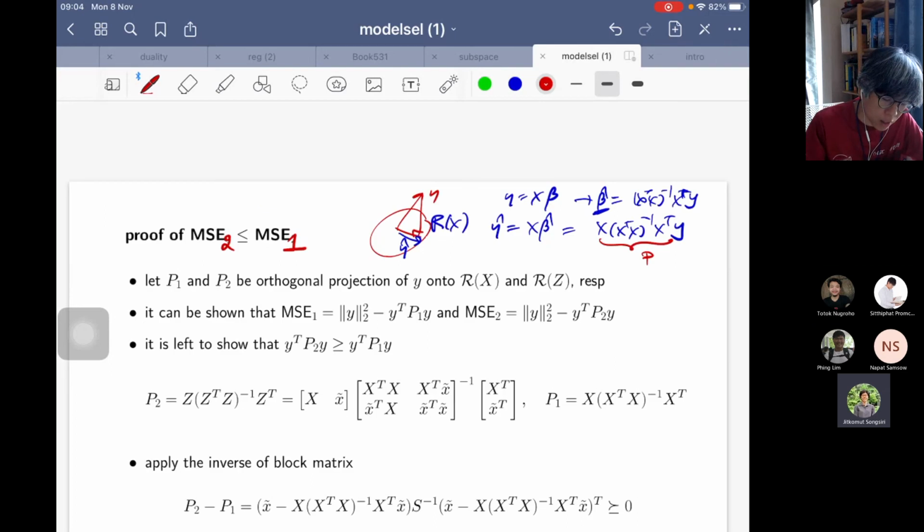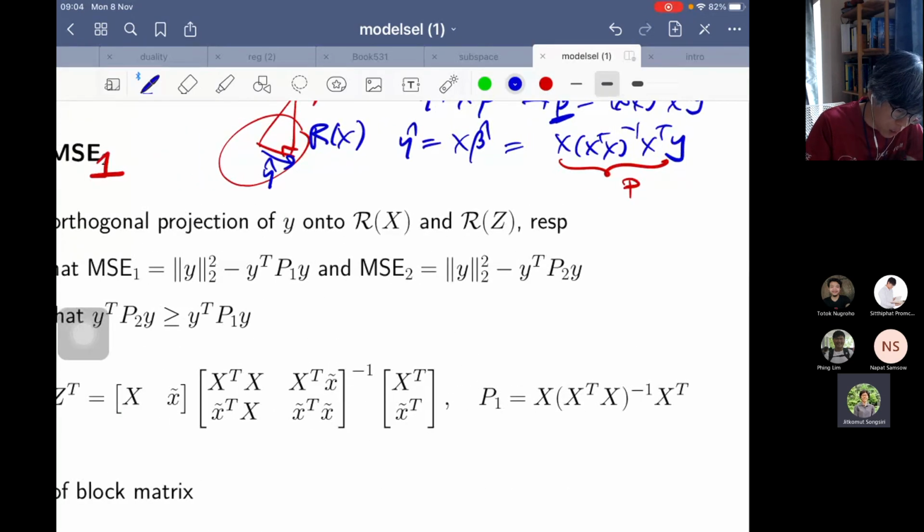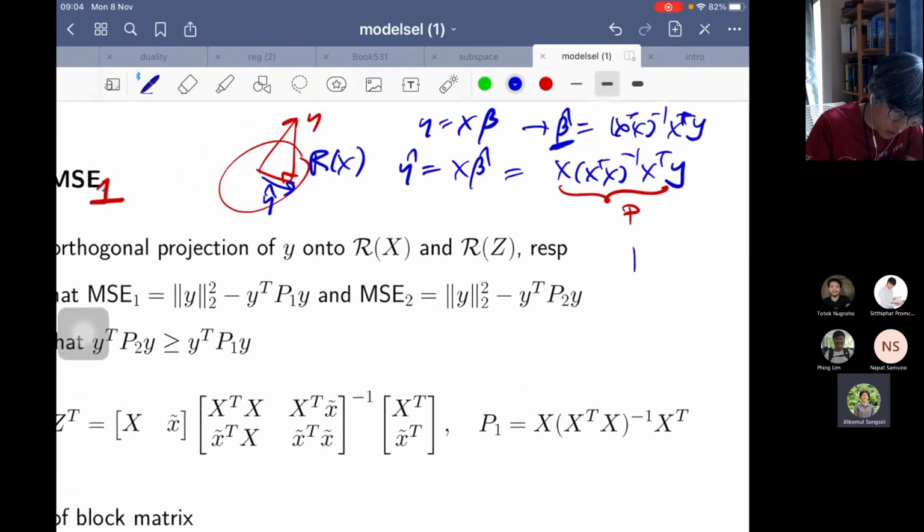If you use different regressors, then you have different orthogonal projections. It's not hard to see that when you compute the MSE, which basically needs Y and Y hat, the norm square, it can be simplified.